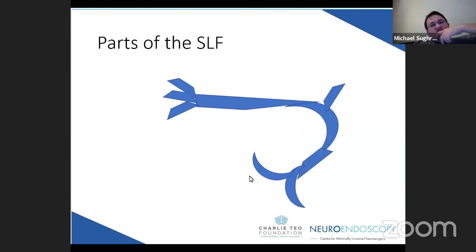So to look at the SLF, here's basically my schema for this. It starts with these frontal rami that bend to not only Broca's area, but also areas in the inferior frontal sulcus, posterior medial frontal gyrus, and middle frontal gyrus. Then there's this body. The body is running under the motor cortex. In part, this is important because even if a patient is hemiplegic, we've always thought that this gave somebody carte blanche to operate in the motor cortex.